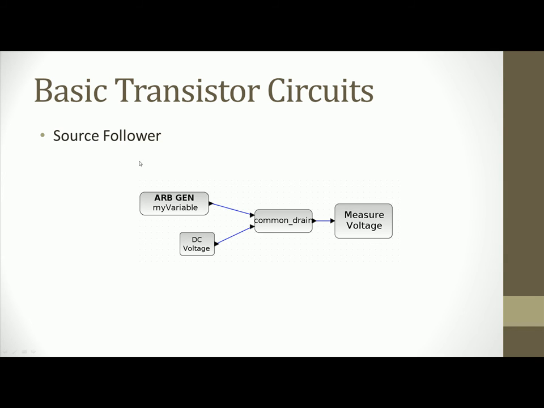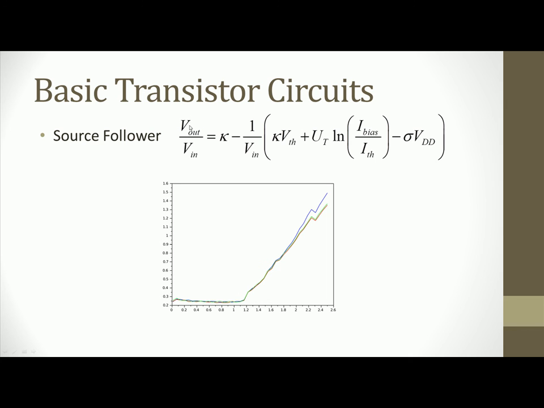For the source follower, we do the measurement where we sweep the input voltage of the gate, and we use 3 different DC voltages for the drain. Because the transfer function is like kappa minus something over V-in, but we actually saw that after 1.2 volts, the follower began to function properly.